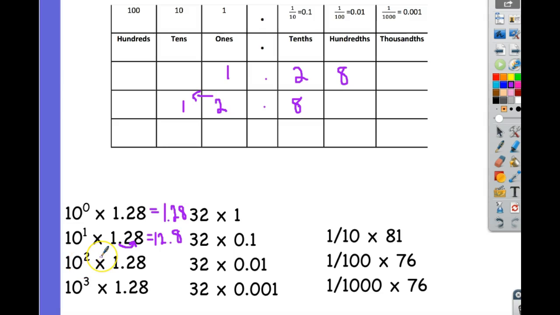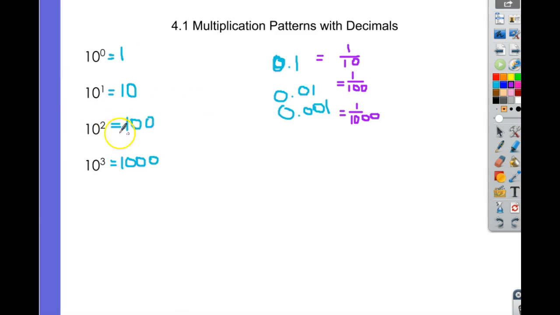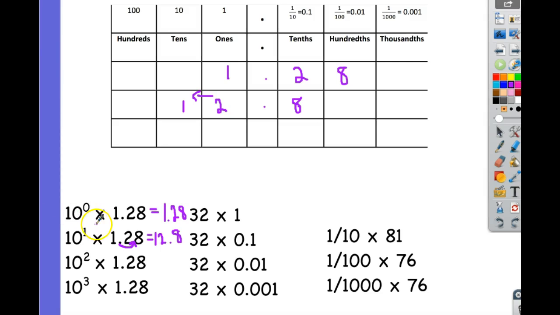All right, now we have to think about 10 squared. 10 squared, remember, is worth 100. So 10 squared, or 100 times 1 and 28/100. Well, remember what I just said right here. See the exponent 2 right there? Or think of the fact that there's 2 zeros in 100. I'm going to take my decimal and move it over to the right 2 times.